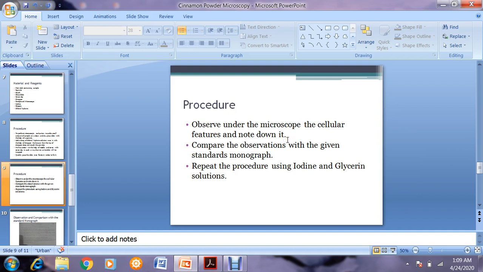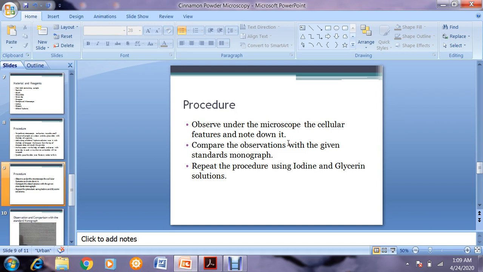In the previous lecture, I told you how to use the compound microscope. You have to observe the slide at 4x and 10x. First you will use the low magnification of 4x. Observe, and adjust the slide with the help of coarse adjustment and fine adjustment.